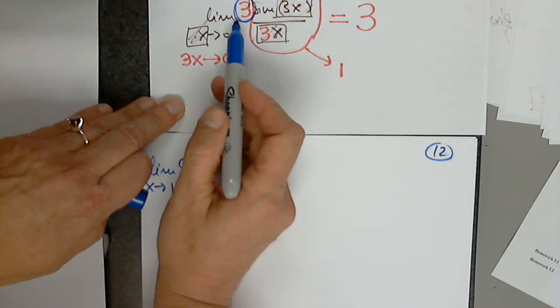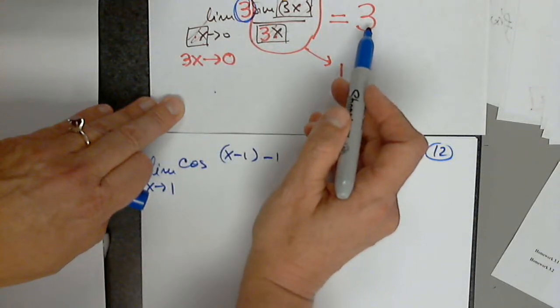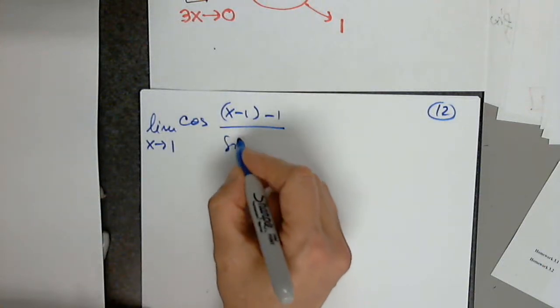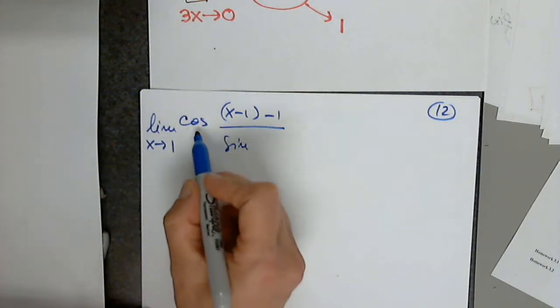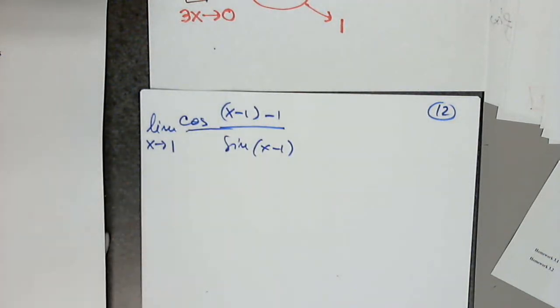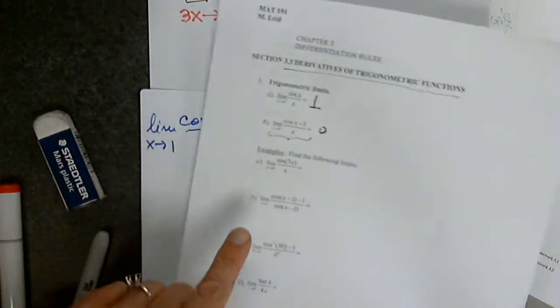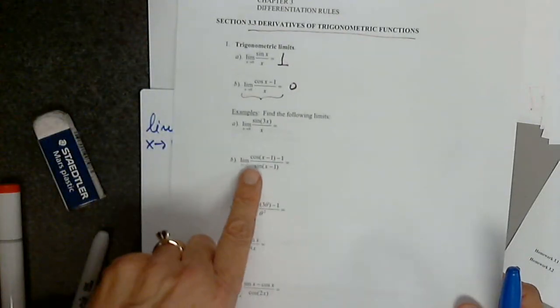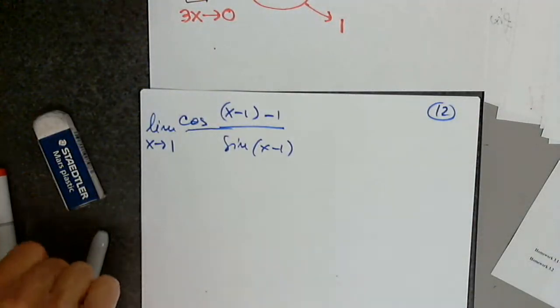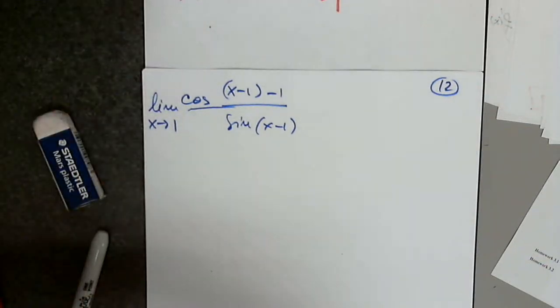Okay. So 3 times 1 is 3. Better? Okay. Divided by sine x minus 1. Sorry, I just went all over the place answering questions. So cosine x minus 1 divided by sine x minus 1 when x approaches 1.